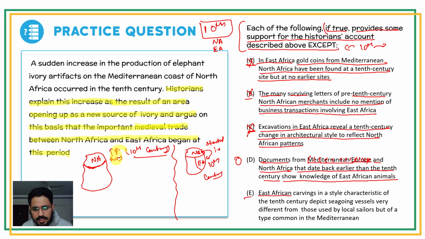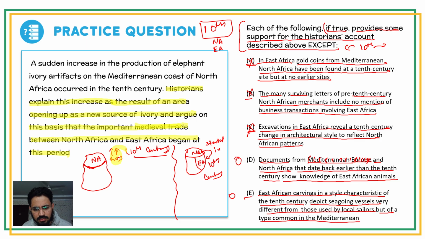E, East African carvings in a style characteristic of the 10th century specifically, depict seagoing vessels, very different from those used by local sailors, but of a type common in the Mediterranean. Is that a good option as well?